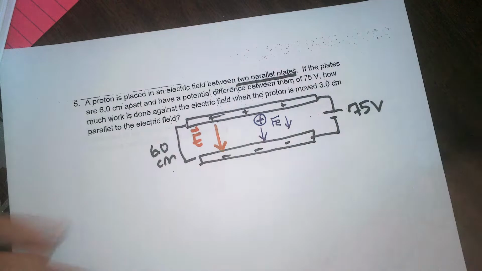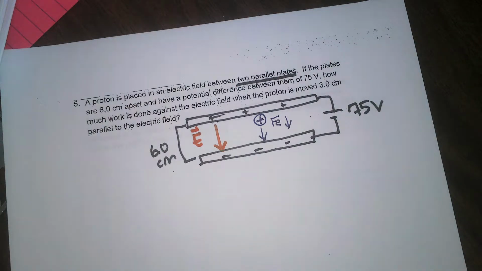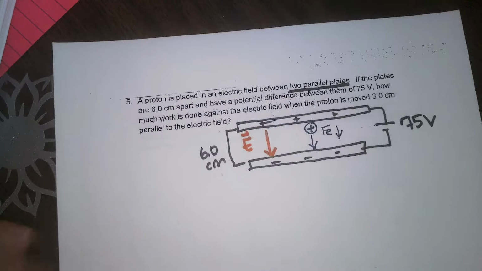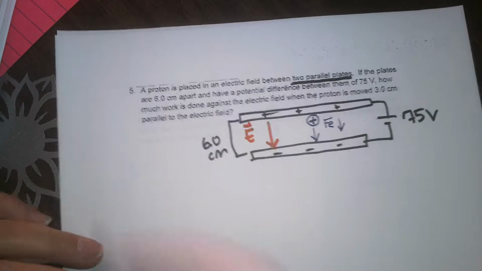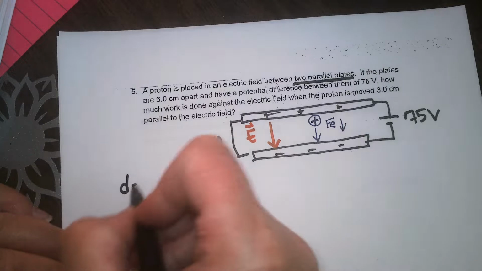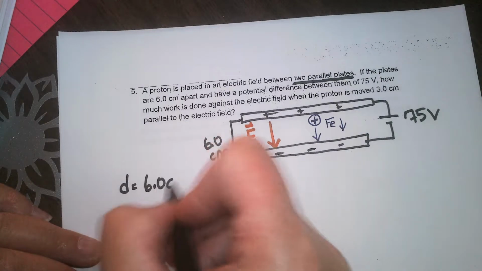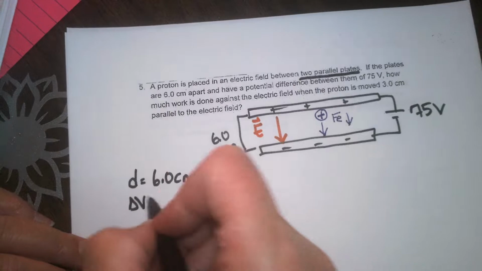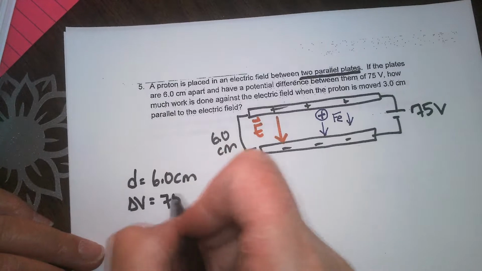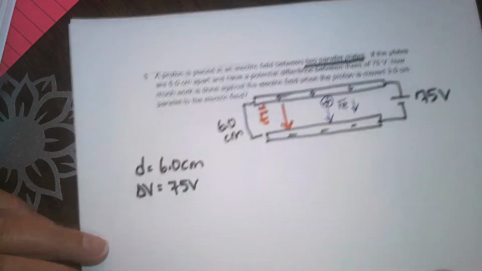And so then when we look at this, we're going to back up a step. We're going to write down everything that we know. So we know distance is equal to 6.0 centimeters. We know the change in voltage is 75 volts.